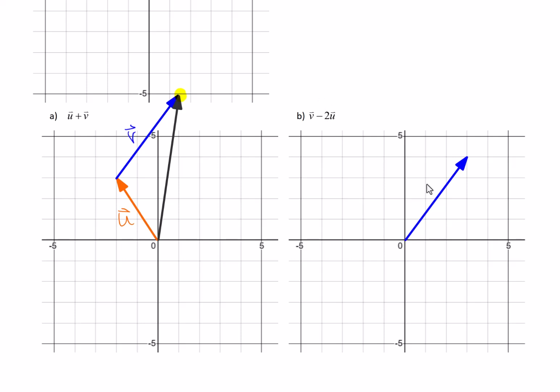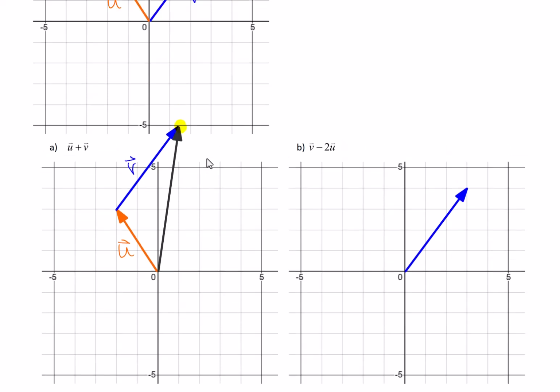That's vector v. But now I want to subtract from that 2 times vector u. Well, remember, we discussed above that with scalar multiplication, negative just means the opposite direction, and 2 means twice its length. So what I'd like to do now is draw, and I'll try to use some accurate arrows to do this, negative 2 times vector u, so twice as long, and in the opposite direction.